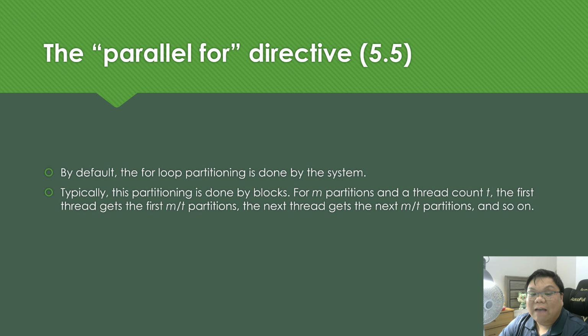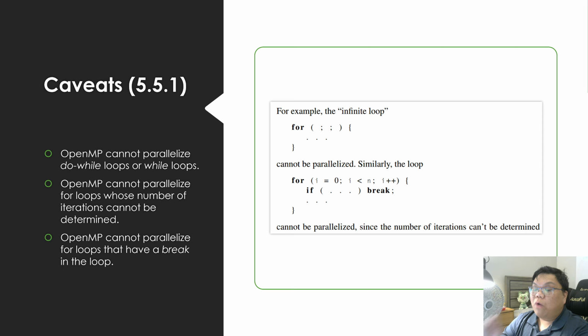There are a few caveats to this, however. 1, you cannot parallelize an infinite loop. 2, you cannot parallelize a for loop where the number of iterations cannot be determined. Also, you cannot parallelize a for loop if that loop contains a break, because in the latter two cases, we cannot determine the number of iterations.